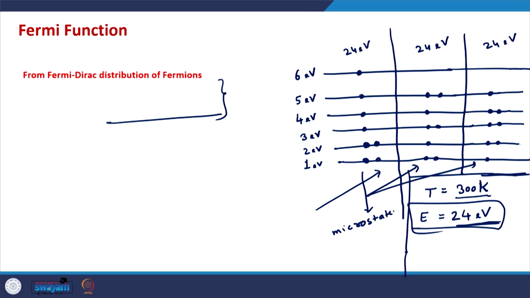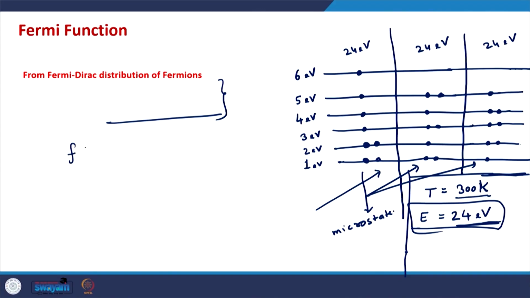So, essentially when we consider all of them together, there will be a probability that a certain energy level is occupied or unoccupied, because in some configurations that energy level may be occupied, in other microstates or other configurations that energy level might not be occupied. Okay.